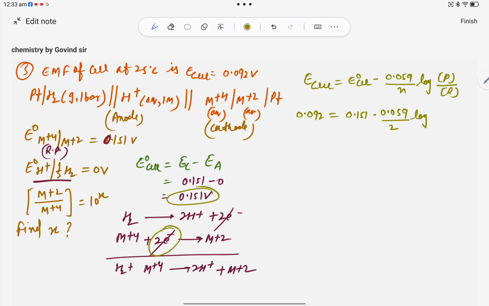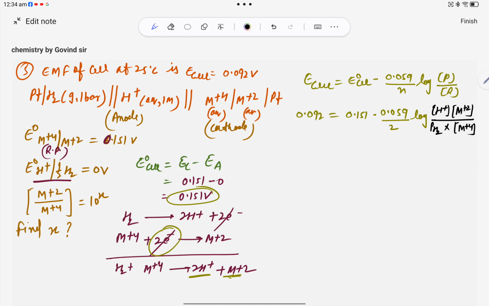In the case of gas you have to use partial pressure. So product: H plus is 1 molar given, and M2+ concentration, upon partial pressure of H2 into M4+ concentration.